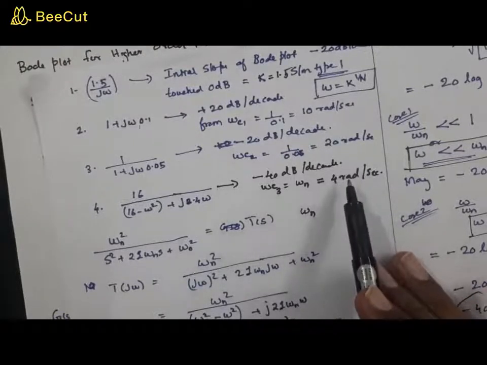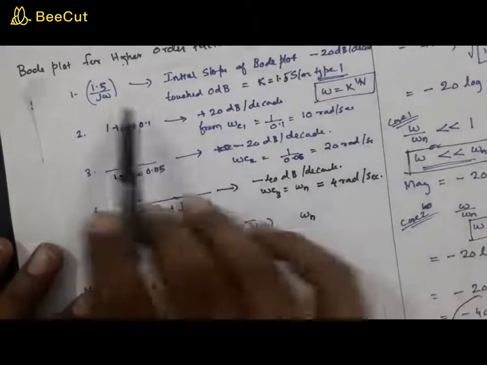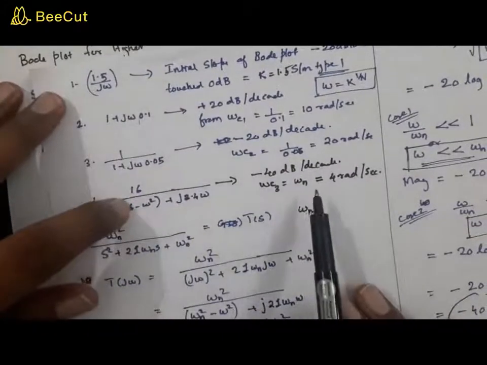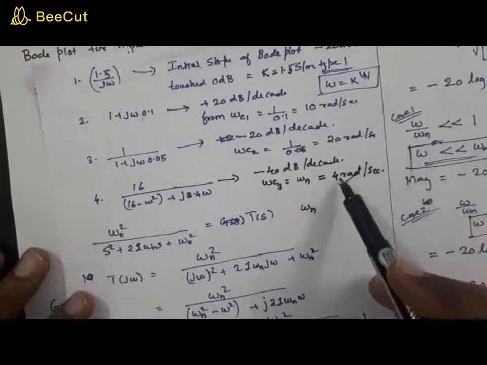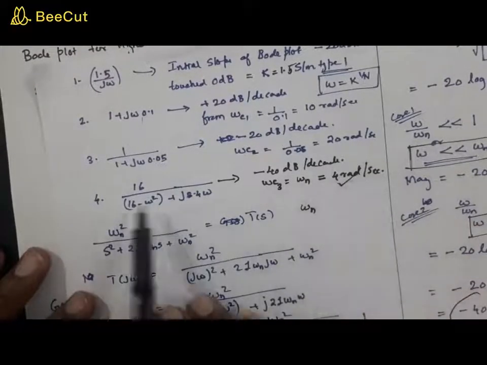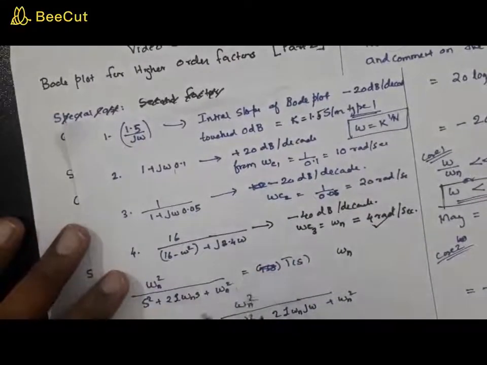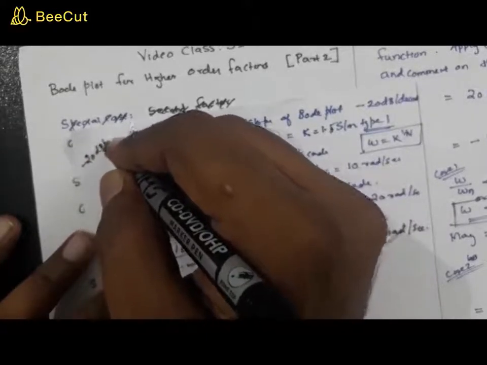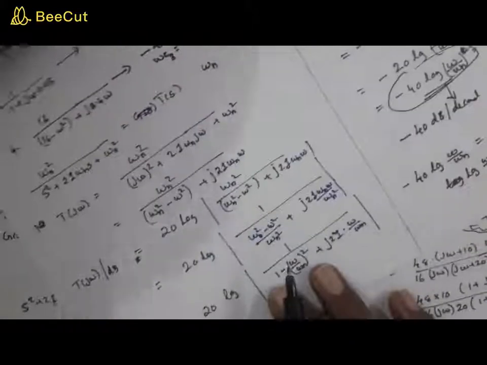Now you can have a rearrangement of this in ascending order of the corner frequency. The first term will be having an initial slope. Among these 3 terms, which will come first? This one will come first, because of 4 radians per second. So the Bode plot always starts with minus 20 dB per decade, and you can have a rough figure of this.